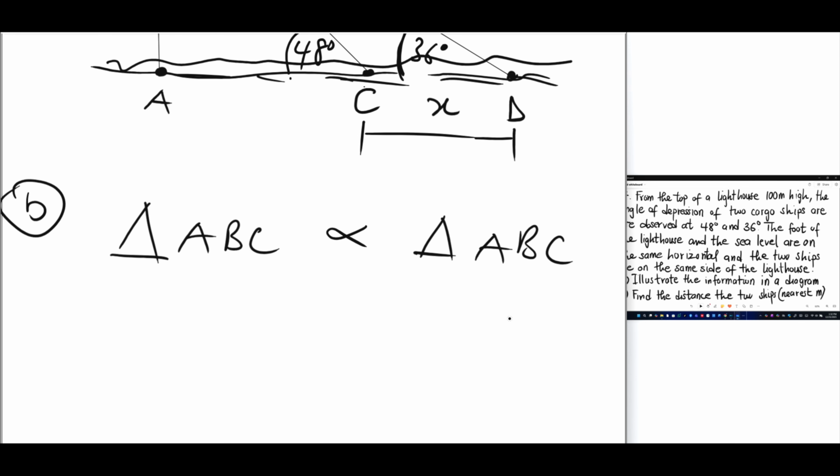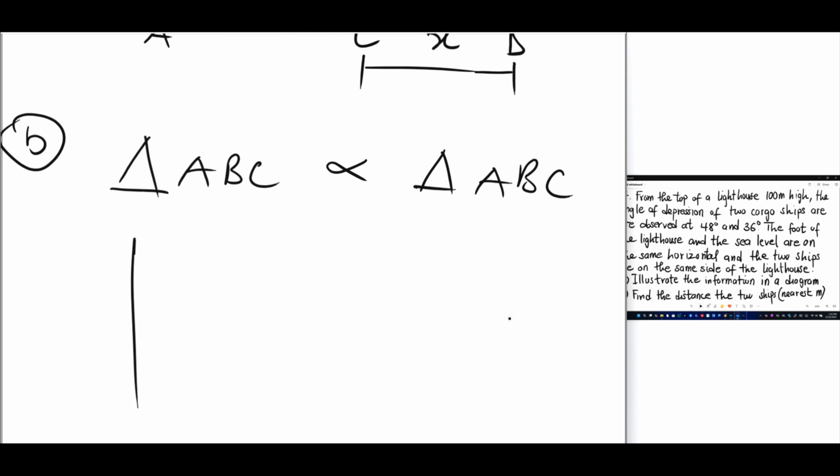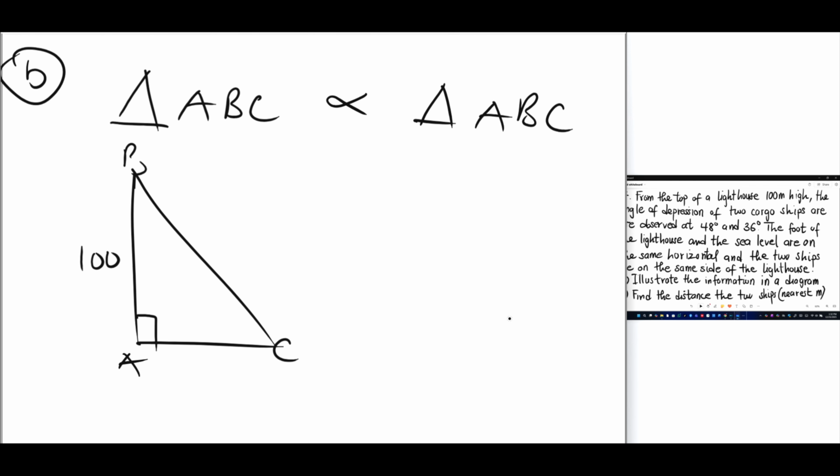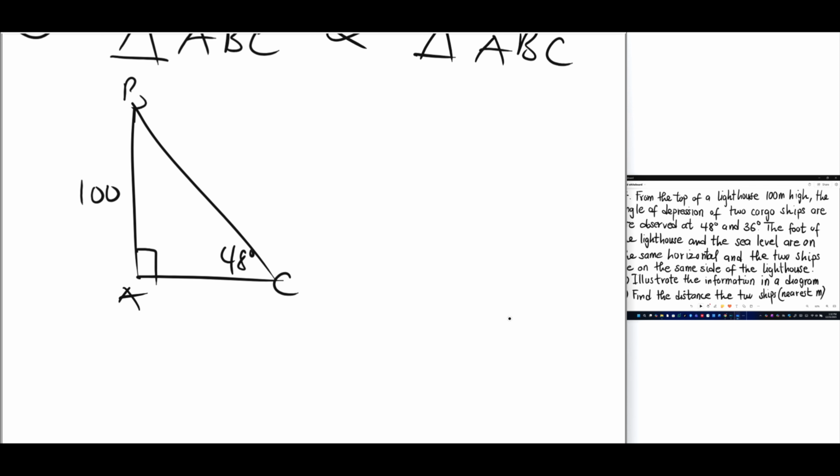All right, so we are dealing with triangle ABC for the smaller triangle, which is a right angle triangle as well. So I have my 90 here, A, B, C. We have here to be 100, and we don't know AC, so we leave it, but we know the angle here to be 48 degrees. So we can now find AC using one of the trig ratios. The side facing the angle automatically becomes the opposite.